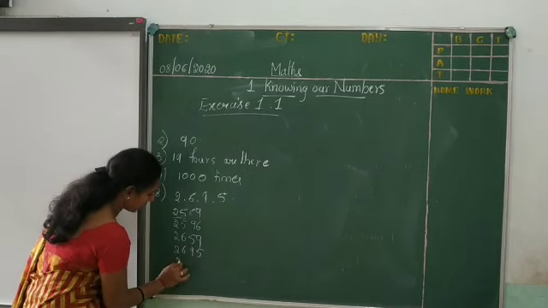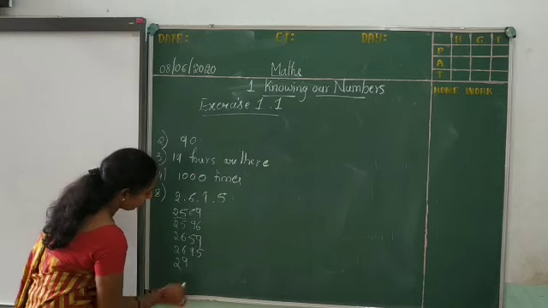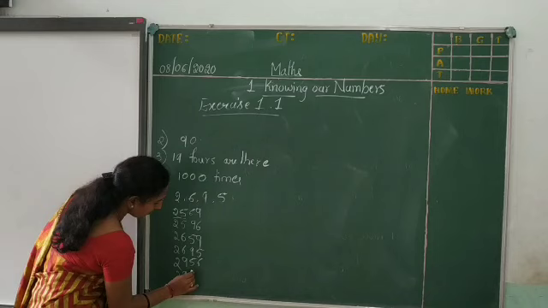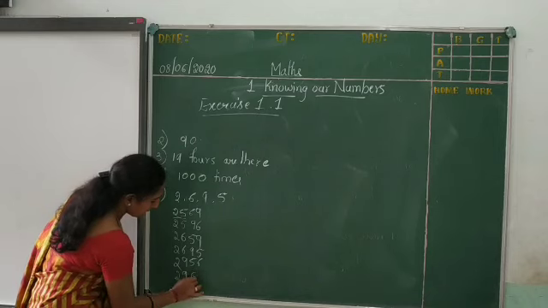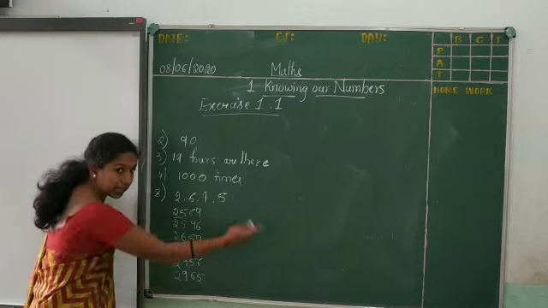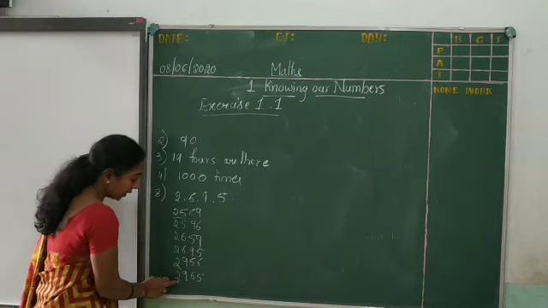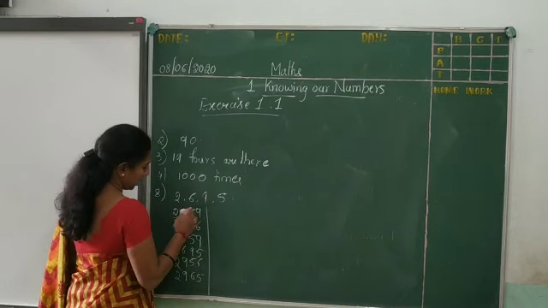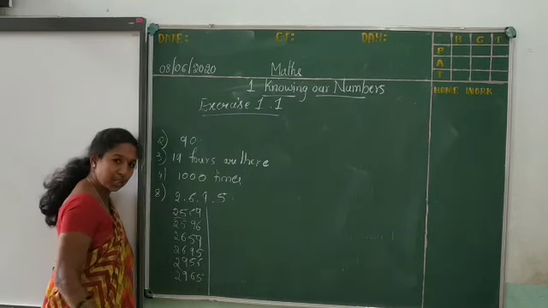Next, in the 100 place one more number, so 2, 9, 5, 6, and 2, 9, 6, 5. Okay, one more is there, so that 2 should come in the 100 place. Now the 100 place changing is over.